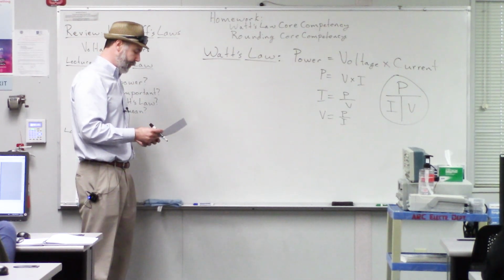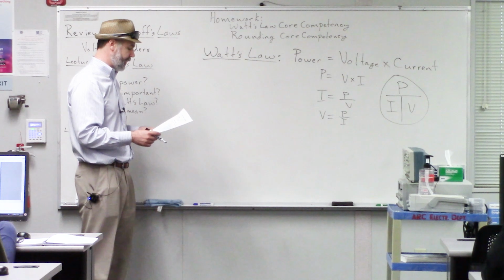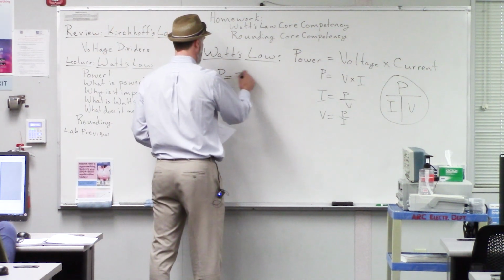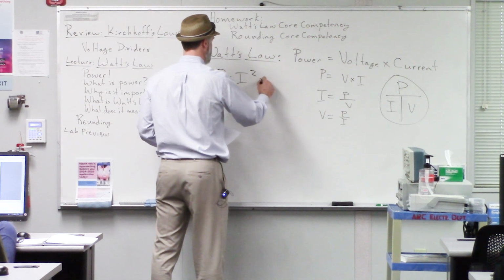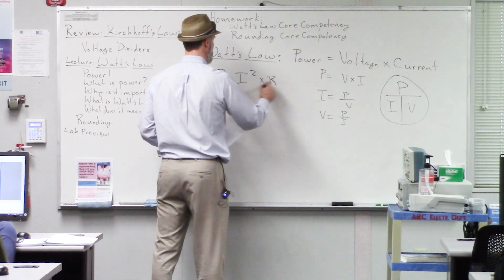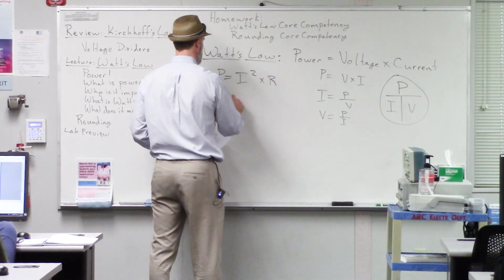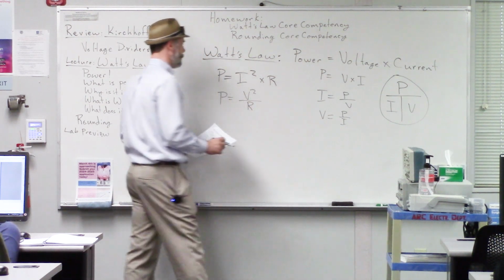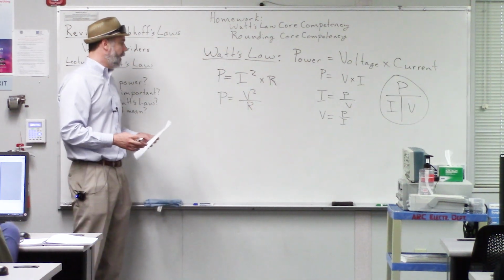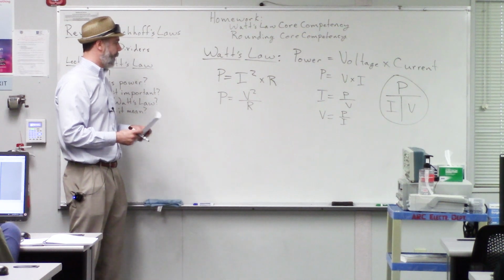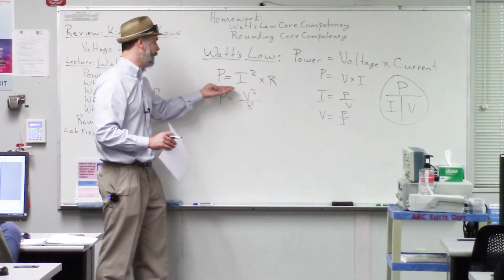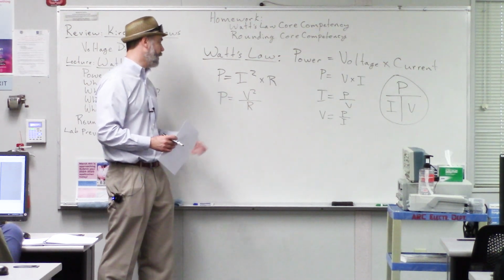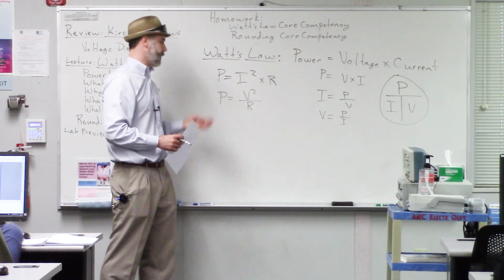Also, there are two other forms of Watt's law that are sometimes helpful. We can say power equals I squared times R, or we could say power equals V squared divided by R. These can be helpful if we know the current and the resistance and we're trying to find power, or we know the voltage and the resistance and we're trying to find power.